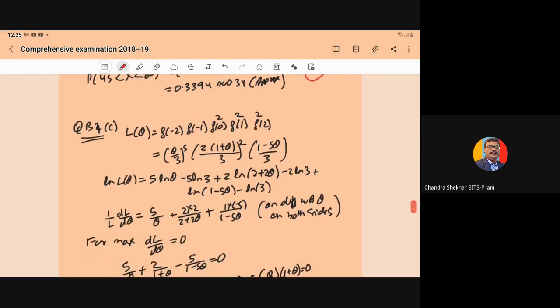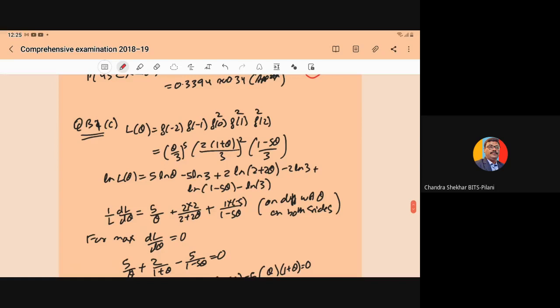So when we take the first derivative with respect to theta, the left hand side will become 1 upon L dL upon d theta is equal to 5 upon theta plus 2 into 1 upon 2 plus 2 theta into 2, plus 1 upon 1 minus 5 theta into minus 5.